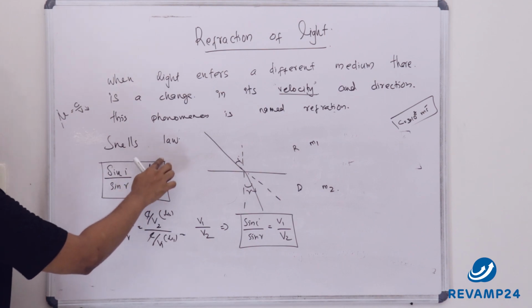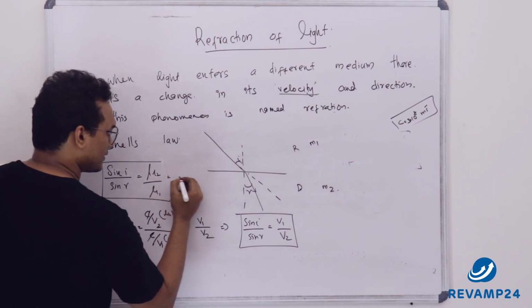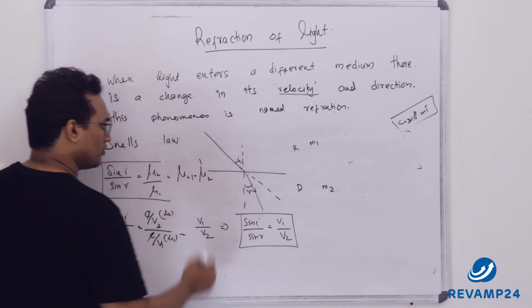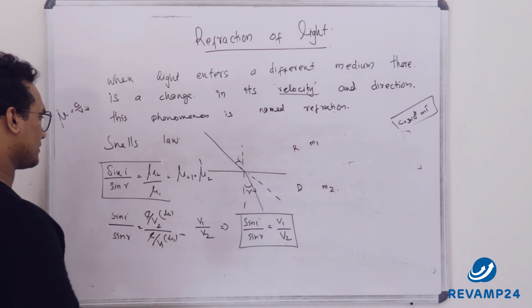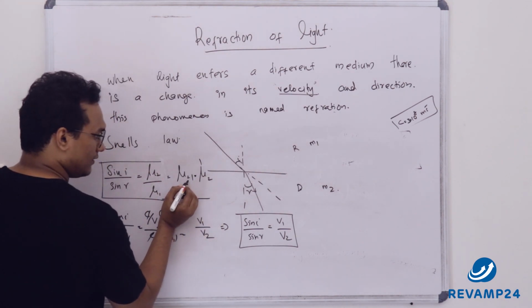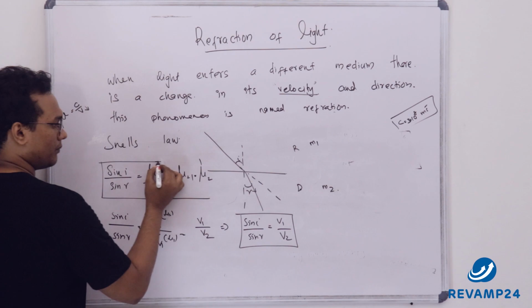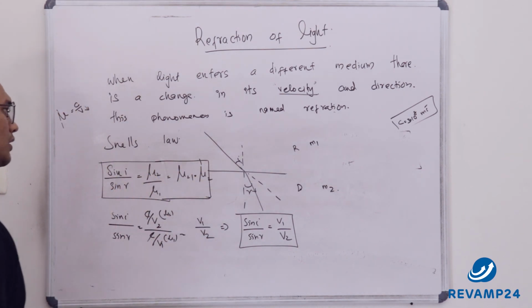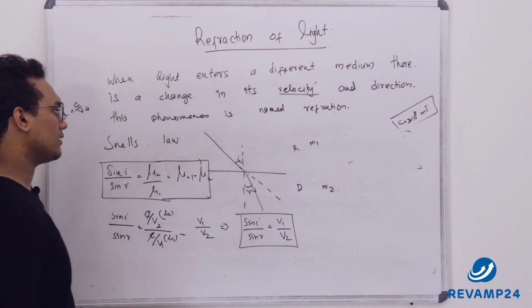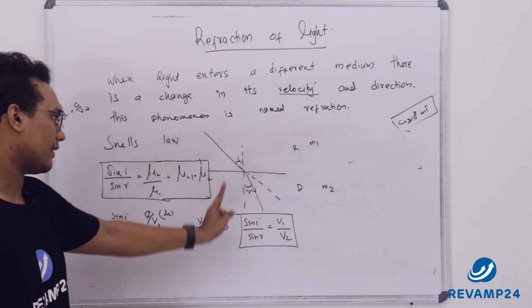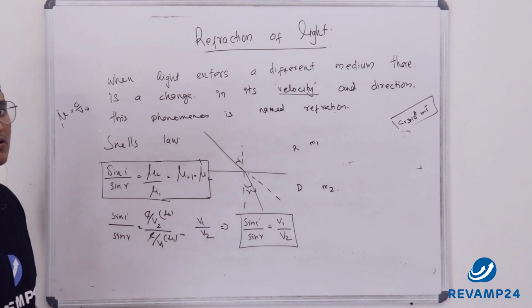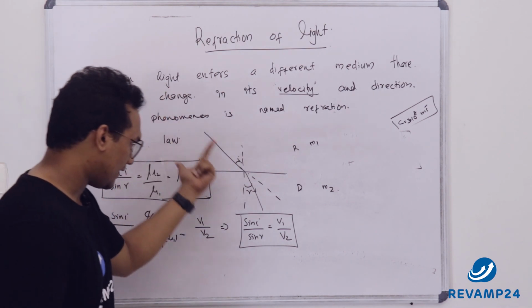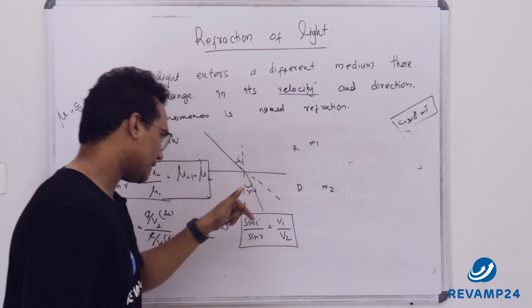Mu 2 divided by mu 1 can also be written as mu 2 1. Both are representations of Snell's law. Generally we would say mu 2 1, which is mu 2 divided by mu 1. One more thing: the incident ray, refracted ray and normal lie on the same plane, so this ratio is satisfied along with that fact.